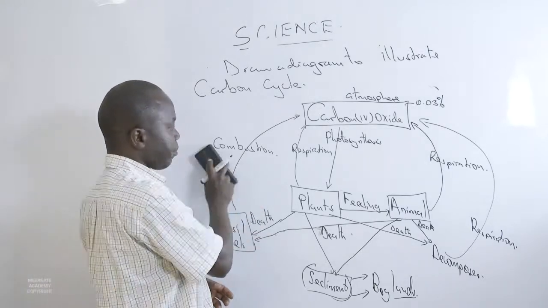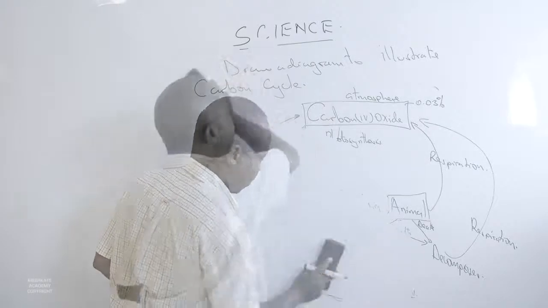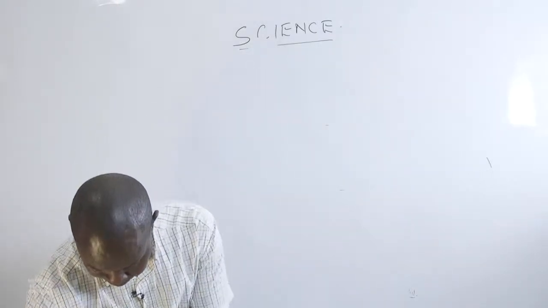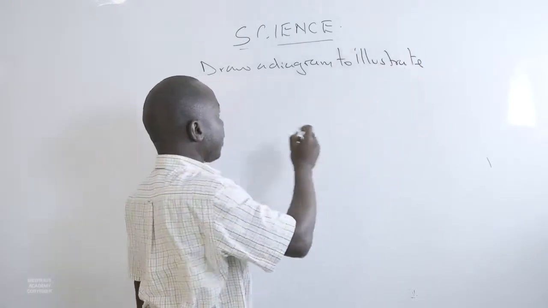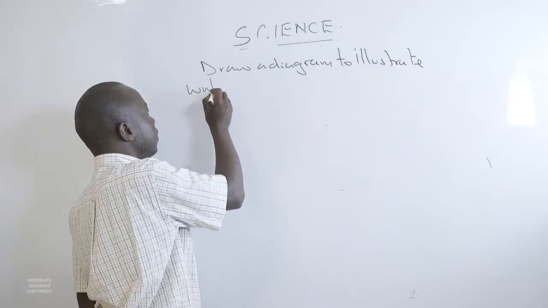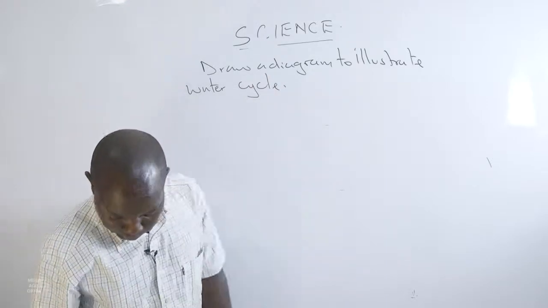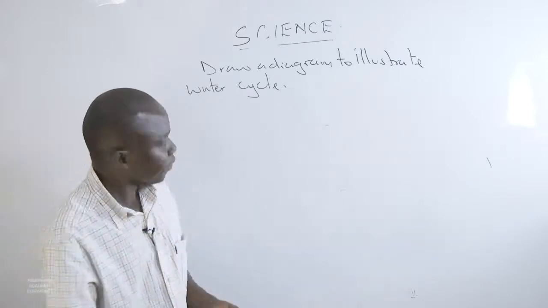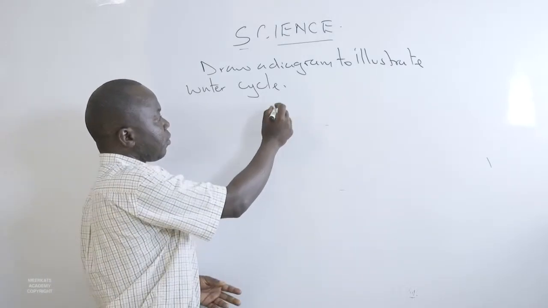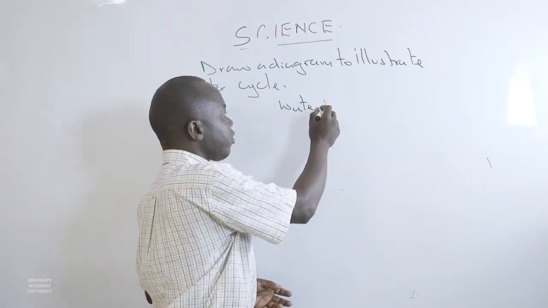Then the last bit here is the water cycle. Draw a diagram to illustrate the water cycle. So again, most of the water in the atmosphere will be in form of water vapor.